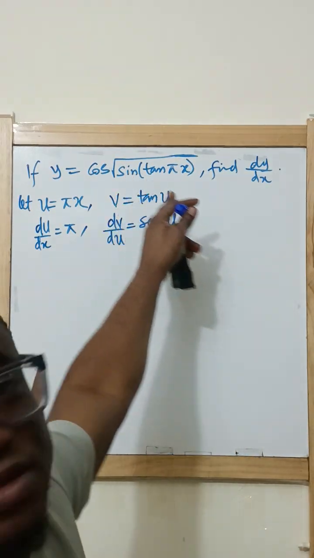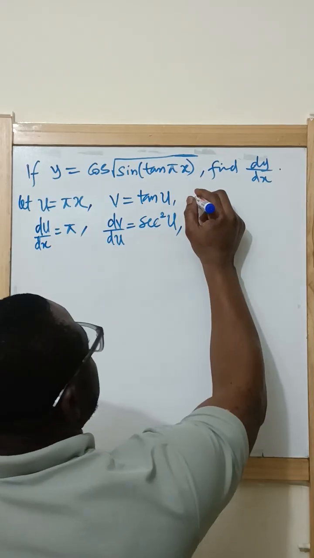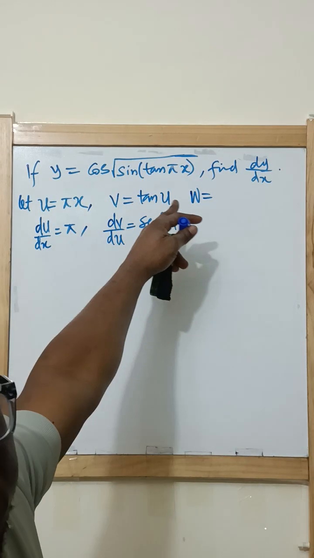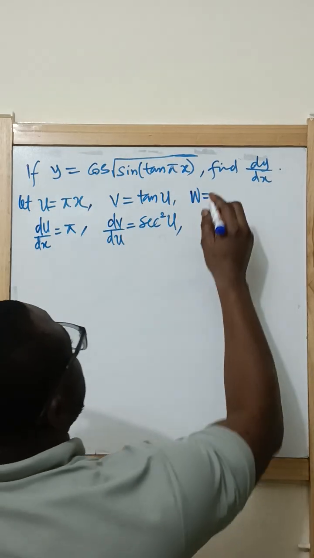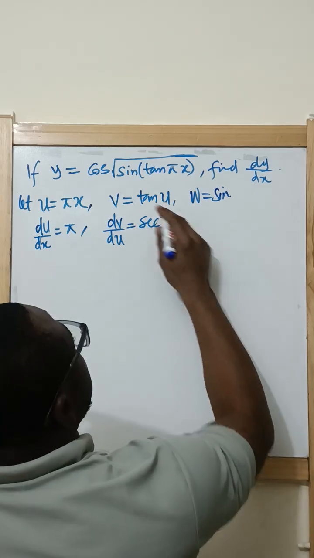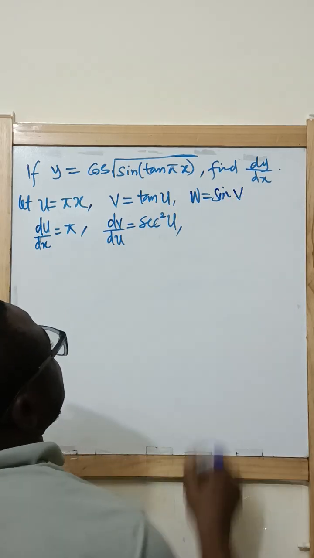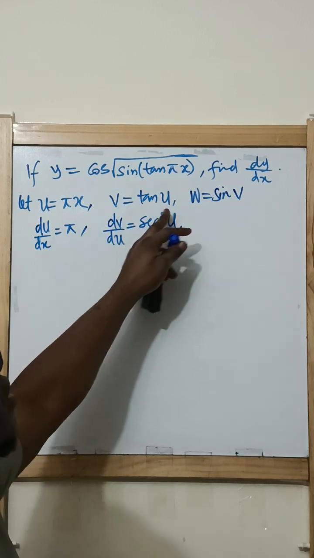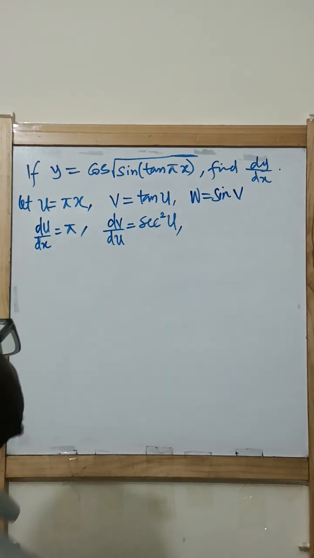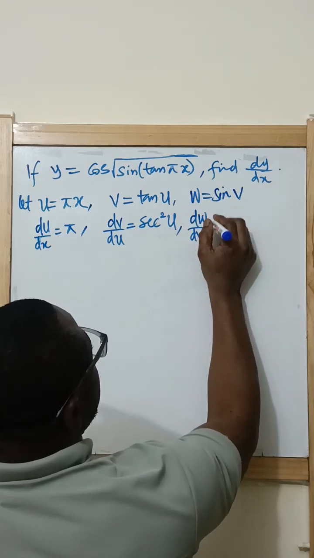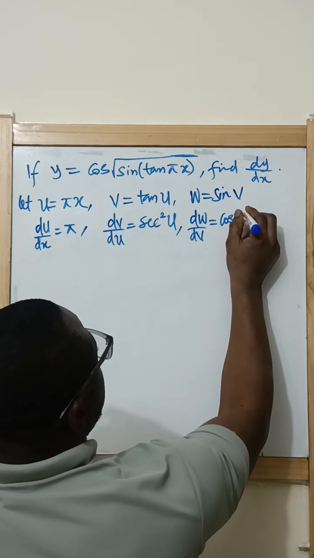Now let another variable, w, be equal to sine v, because v is tan u. So dw/dv is going to be cos v.